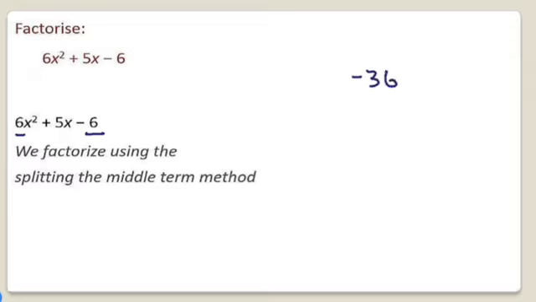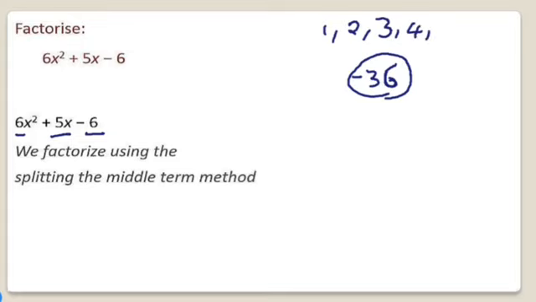Alright children. Now we are going to find two terms whose sum gives +5. For that we need to find the factors for this value. What are the factors for 36? 1 is a factor for 36 and 2 is a factor for 36. 3 is also a factor for 36 and 4 is also a factor and 6 is also a factor, and so on.